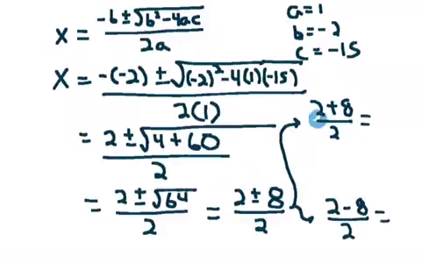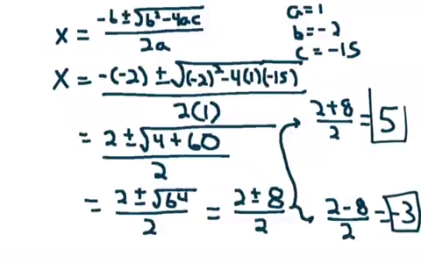So I plug this in my calculator, I get 2 plus 8, that's going to be 10, and 10 divided by 2, that's going to give me 5. And then we get 2 minus 8, that's going to give me, on the top, negative 6 divided by 2, which is going to be negative 3. And there are my 2 solutions.